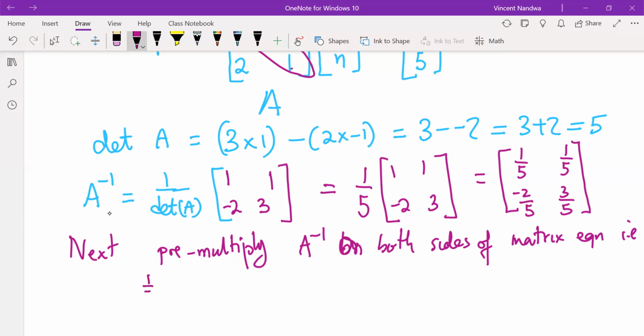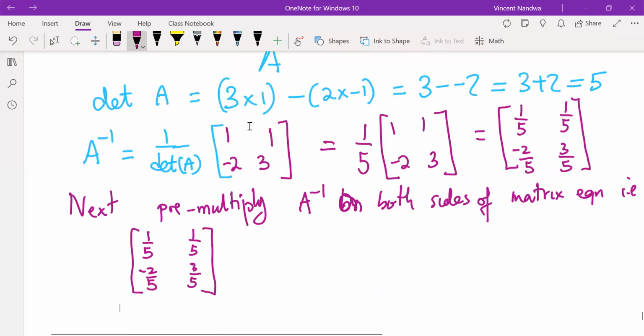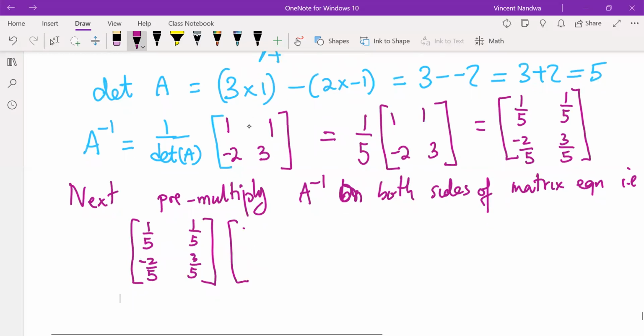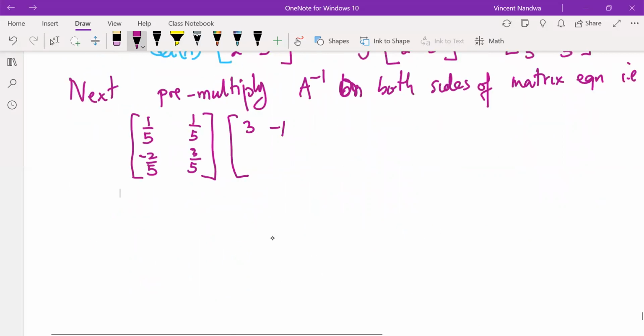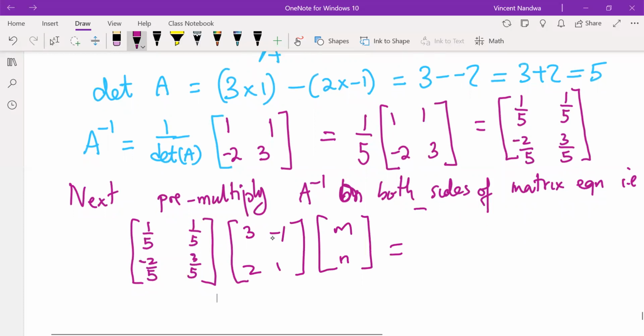So I'll have 1 over 5, 1 over 5, -2 over 5, 3 over 5, and then we have 3, minus 1, 2, 1, and then m, n. So pre-multiplication means you start with the inverse on the left-hand side.